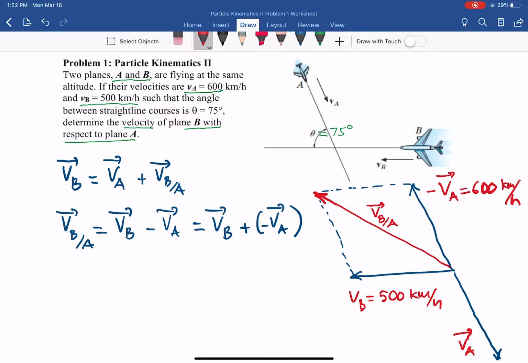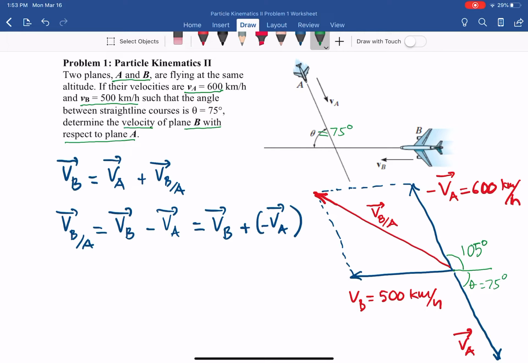So let's continue with something that we haven't used in this information, the angle theta here. Angle theta is 75 degrees. At that angle of 75 degrees, we can have the angle here equal to 180, a straight line, minus 75, 105 degrees.